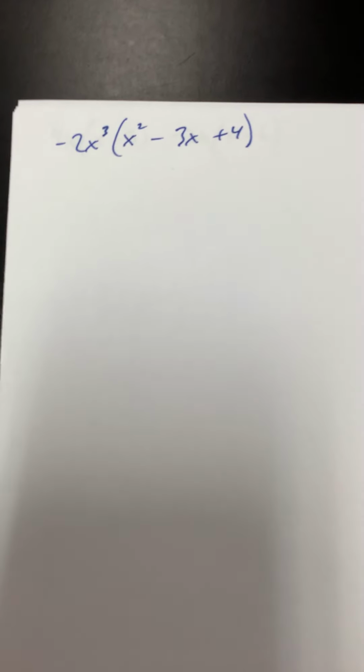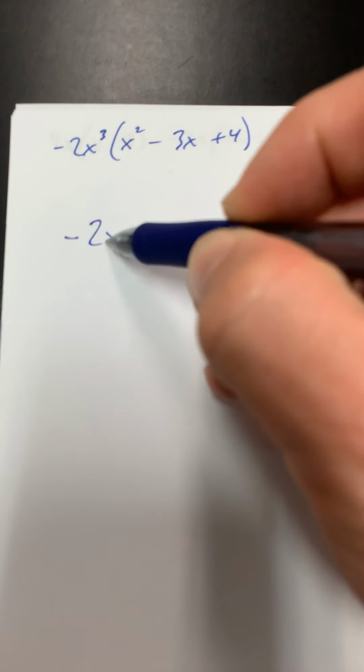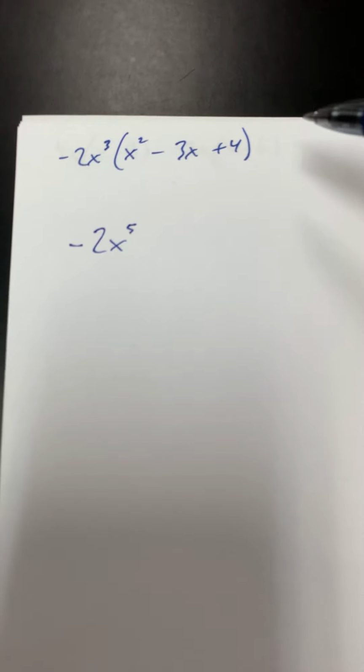Negative 2x cubed times x squared is going to give us negative 2x to the 5th. Remember when you're multiplying variables with exponents, the base stays the same and you add the exponents.